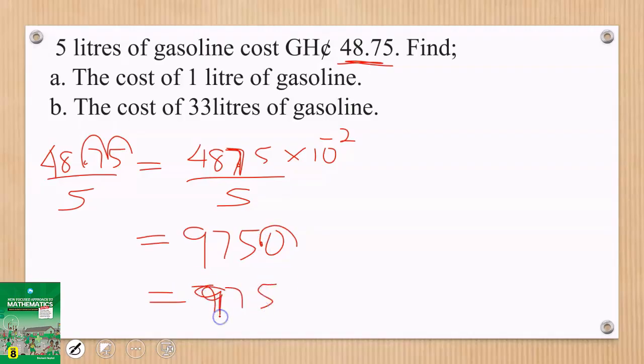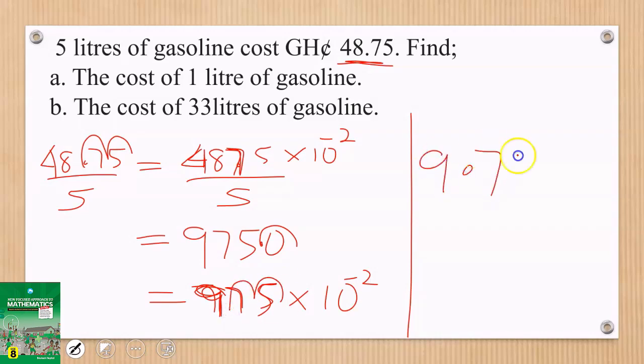What it means is that 4,875 divided by 5 will give me 975. Then I have my 10 to the power negative 2, which means I have to move the decimal point backwards twice. And so when I do that, 1, 2, then I have 9.75.